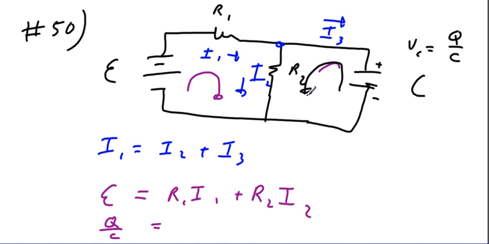So Q over C is going to equal I2R2. Okay, so those are our 3 equations, 3 unknowns.